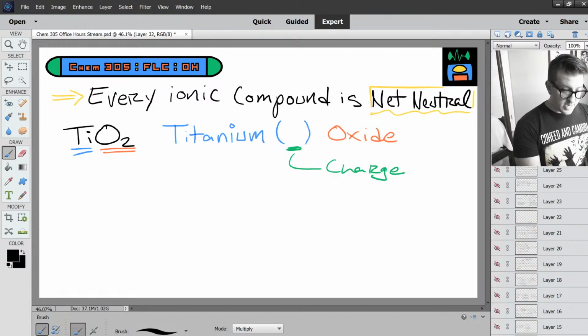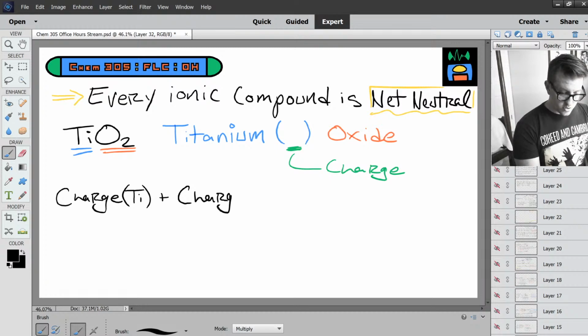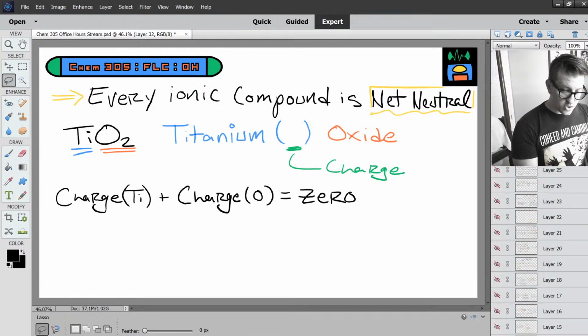Net neutral means that the charge of titanium plus the charge of oxygen has to equal 0. And it's not just the charge of oxygen.